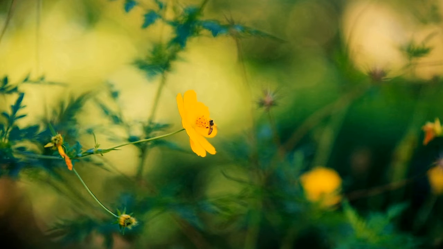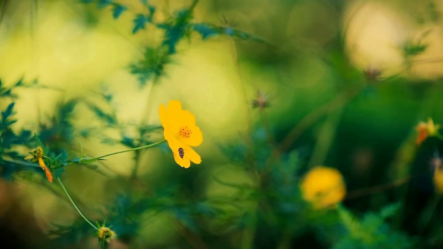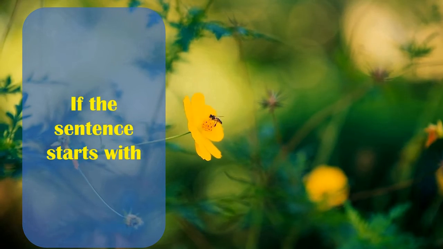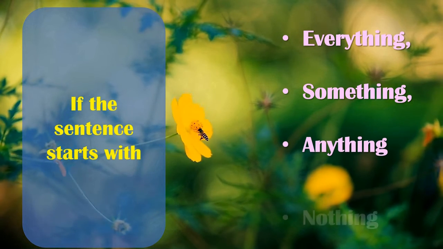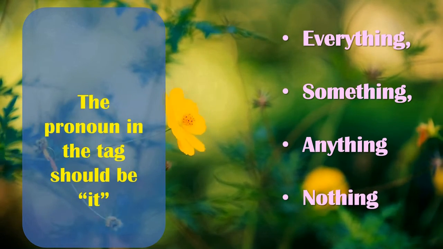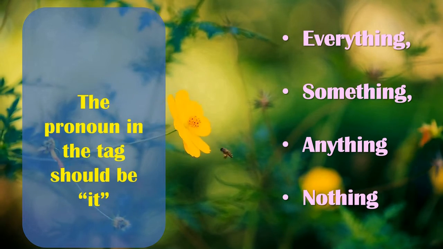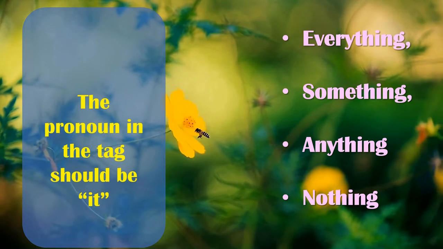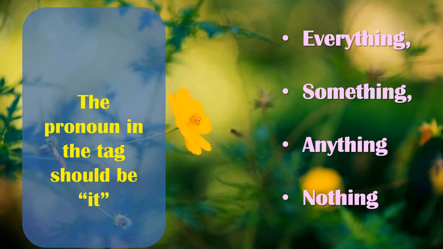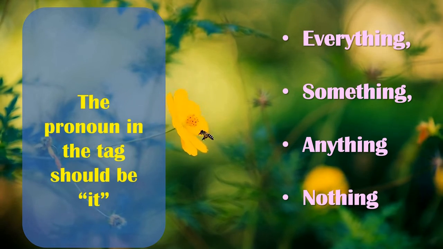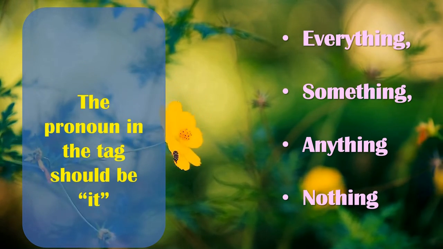So we saw that in sentences starting with anyone, everyone, someone, etc., the tag will have the pronoun they. That is what we have just seen. Now, if the sentence starts with words like everything, something, anything, and nothing, the pronoun in the tag should be it. If the sentences start with everything, something, anything, nothing, the pronoun in the tag will be it.